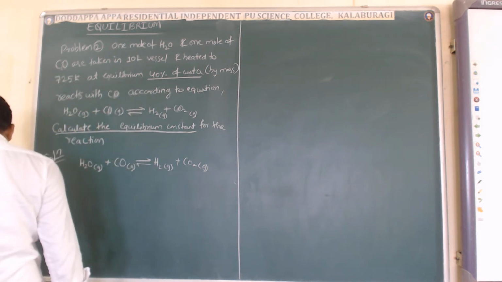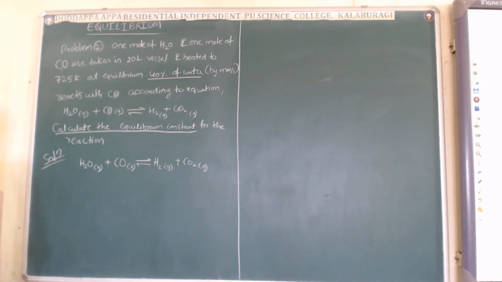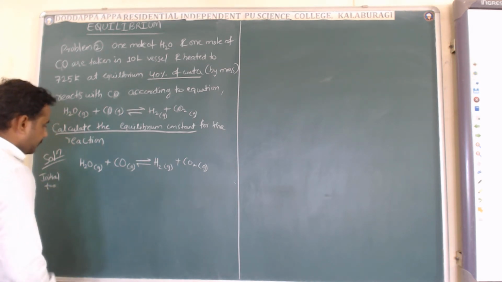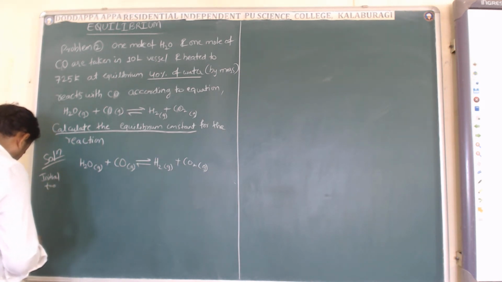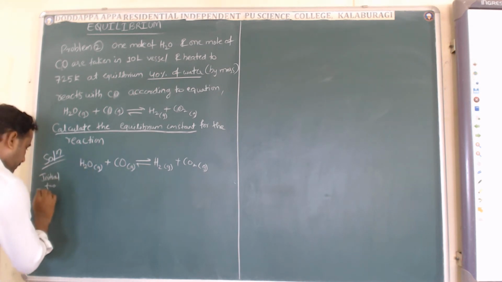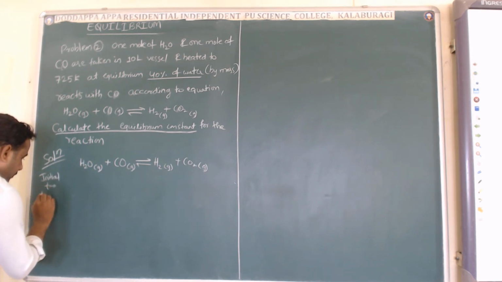Next, at the initial stage, that is t equals 0, we write the number of moles.